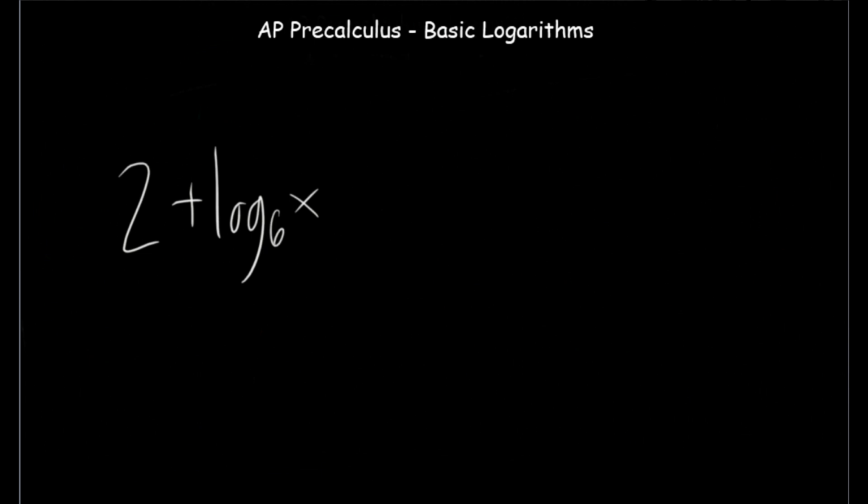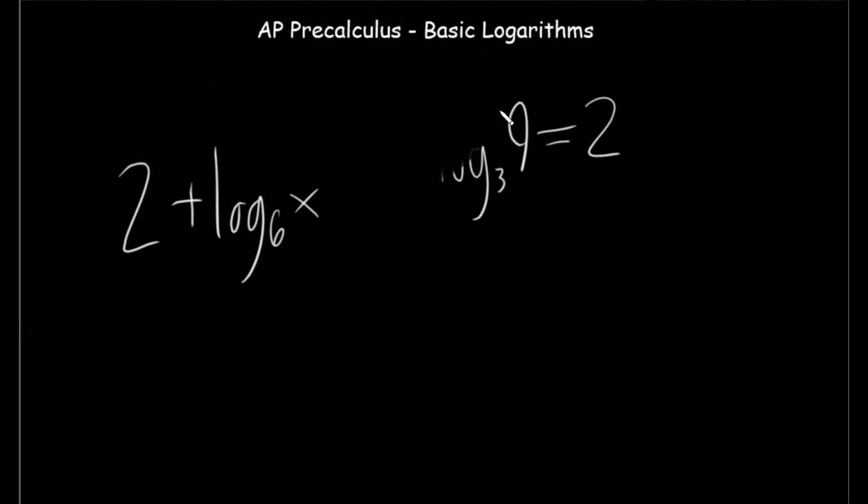Well, you've got to remember that when you have something like log base 3 of 9, you're basically finding 3 to the what power gets us 9, right? That's kind of the whole point of logs, and that will get us 2.